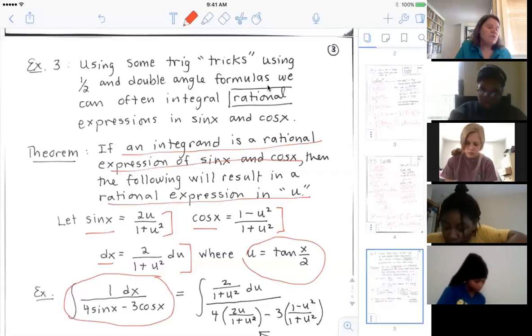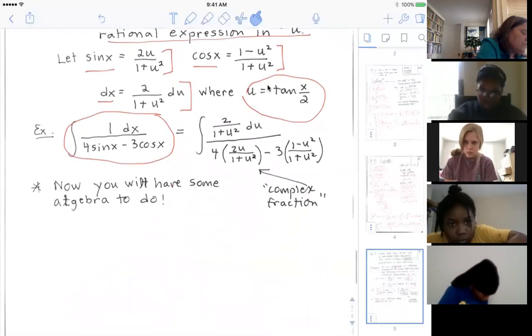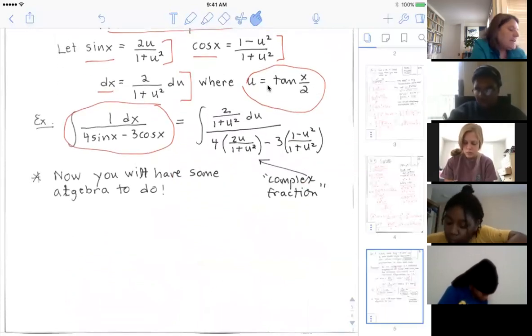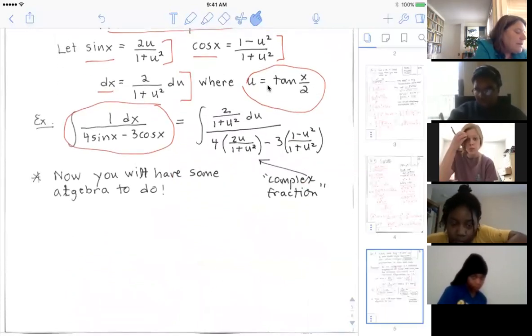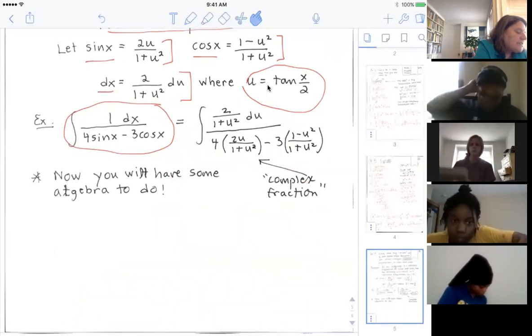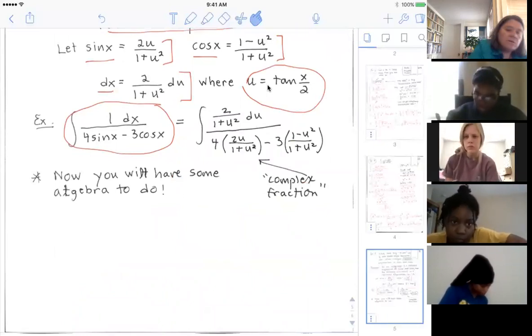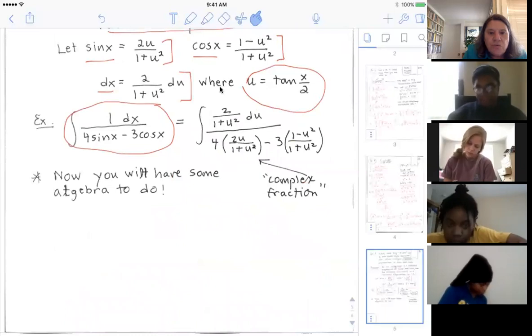So here's what I want to do. Here are the substitutions. I'm going to take this one right here, and in the place of dx, I'm going to put 2 over 1 plus u squared du. There was the substitution right there. Okay. In the place of sine x, I'm going to put 2u over 1 plus u squared.